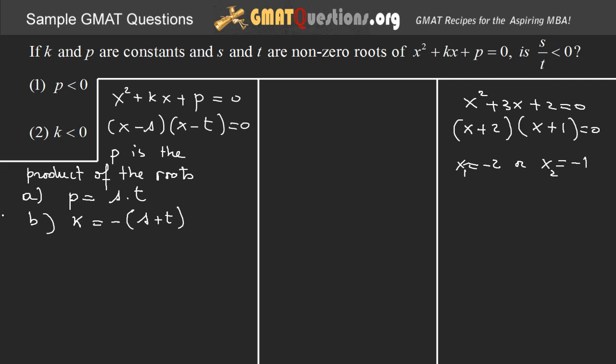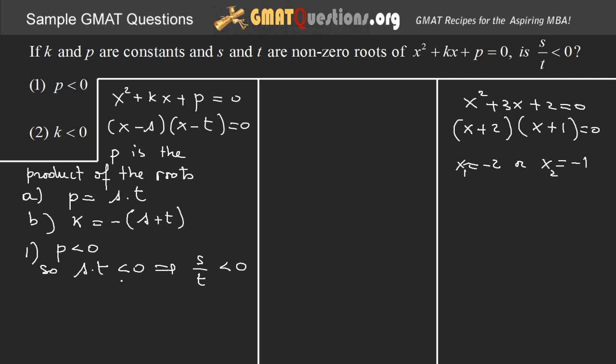Great. So now if we attack statement number 1, we are told that p is less than 0. So p being equal to s times t is less than 0. So s over t has to be less than 0.